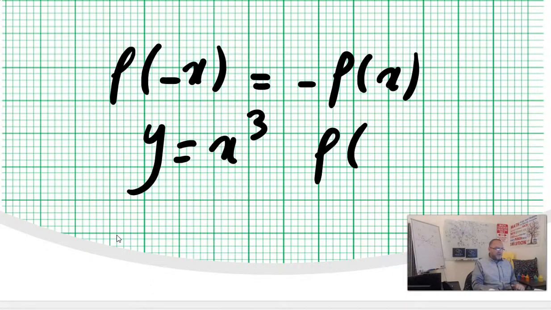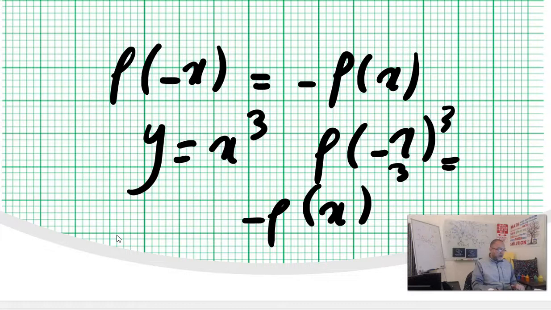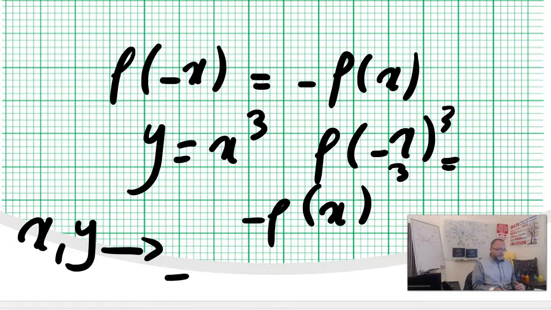It's symmetric about the origin, which is 0, 0, your origin in a coordinate plane. So this is an odd function, where if you take x and y, you spit them out as minus x, minus y. So the y does change to minus y.